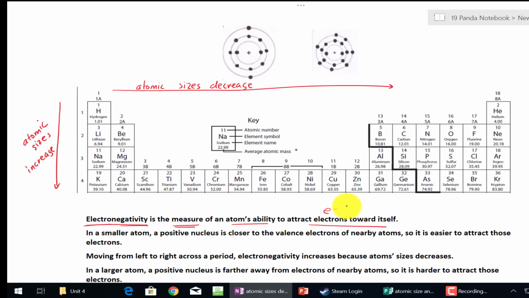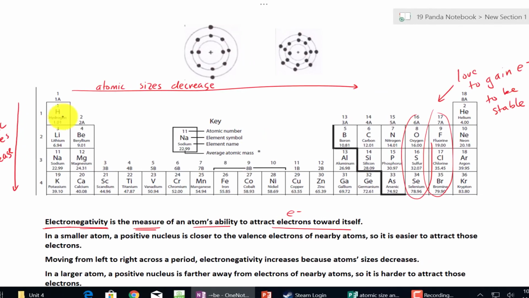And of course, we know that all the elements over here, this right here and this right here, they love to gain electrons just to be stable. Where on this side, we remember, what do they want to do to be stable? Well, they want to lose their outermost electrons. So keep that in mind. Now, if we just look at these two basic facts, this side wants to lose electrons and this side wants to gain electrons.